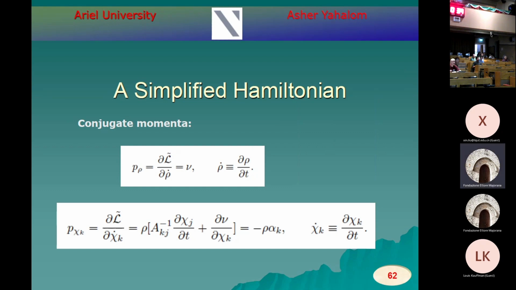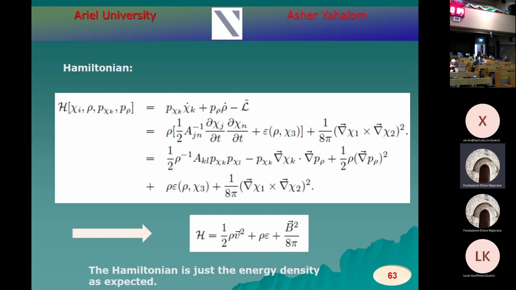Now, if you are in the business of Hamiltonians, Casimir, Poisson brackets, etc., you may want to put it in a Hamiltonian form. So you can define the momenta, the canonical momenta in the standard way. And this is the definition of the canonical momenta.